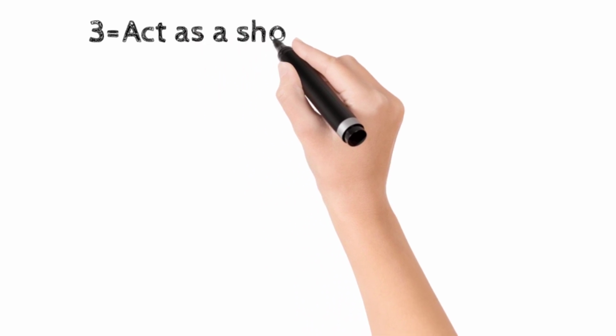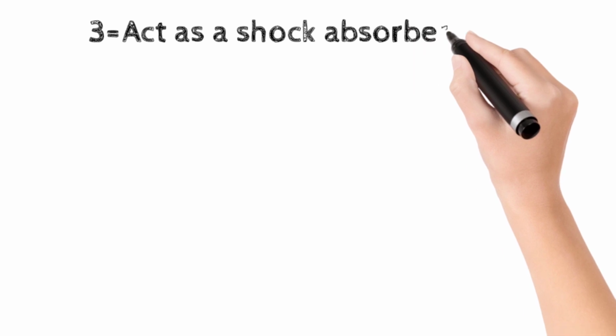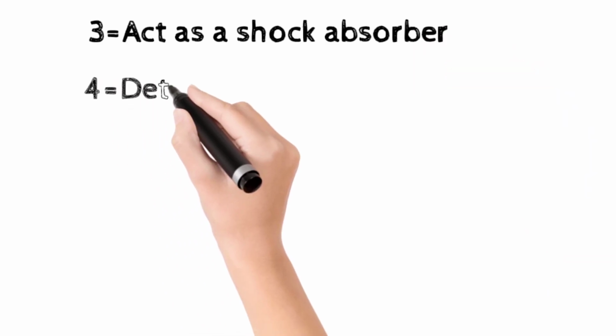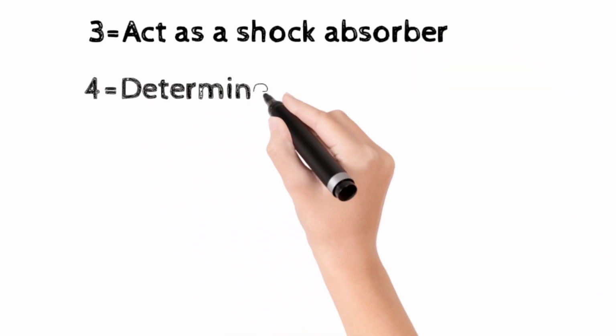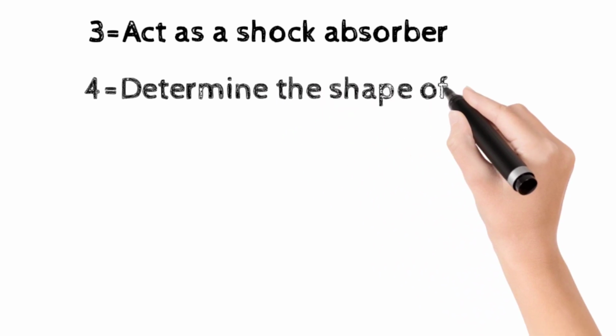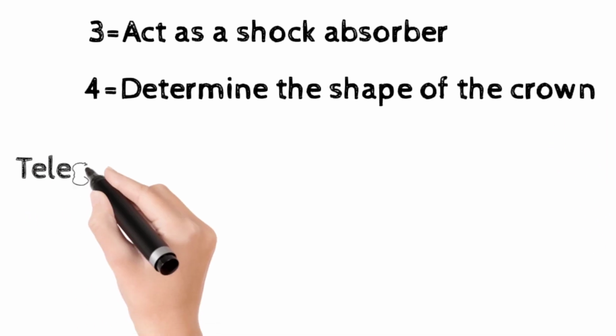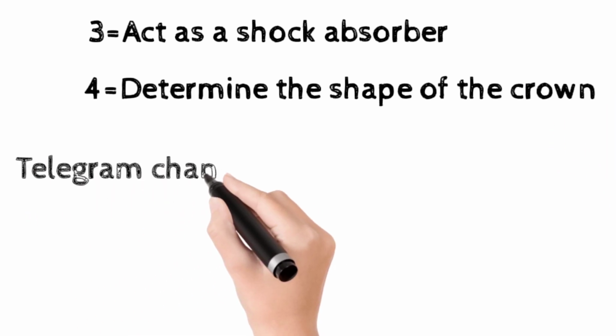The third function is that it acts as a shock absorber because it is elastic. The fourth function, it determines the shape of the crown. Why? Because it forms the bulk of the tooth, it forms the main thickness of the tooth.